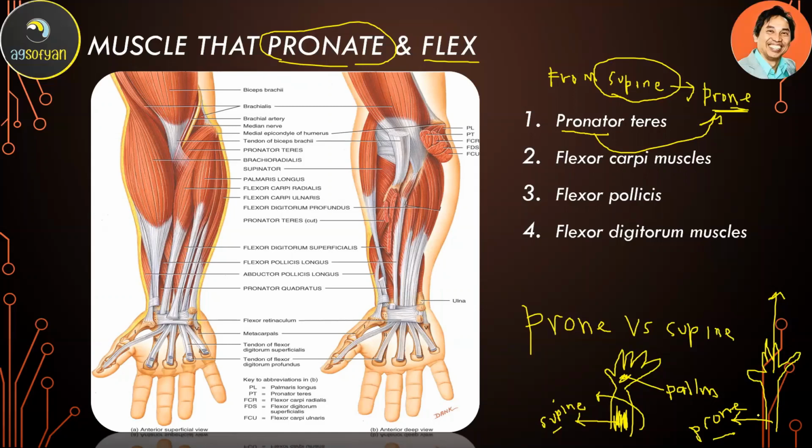You're twisting your arm from looking at your palm, then you twist it, now you see the back of your palm. So that movement is called pronation. And the muscle is called pronator. So this is the muscle that is located here. So this is palm area. This is your palm. Okay. So this is the pronator muscle.